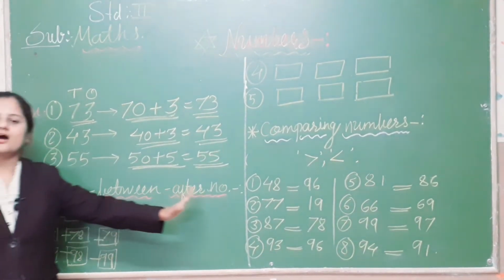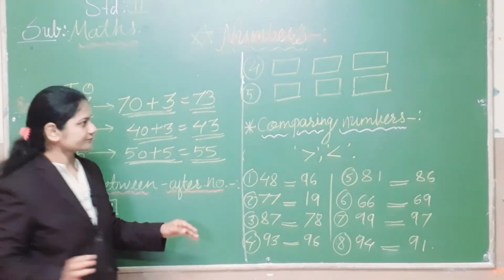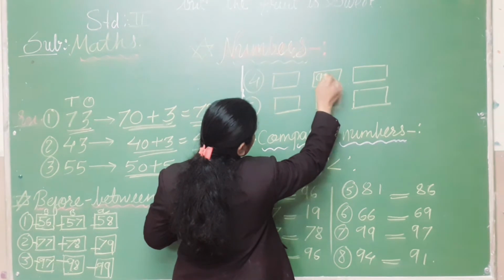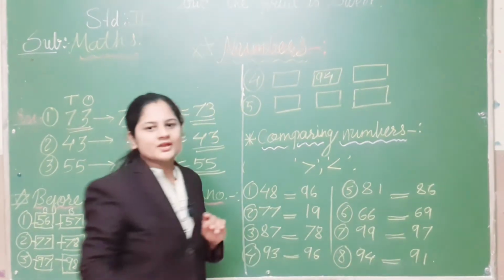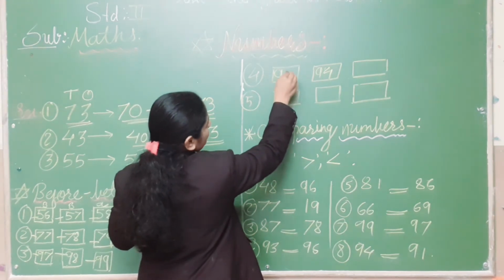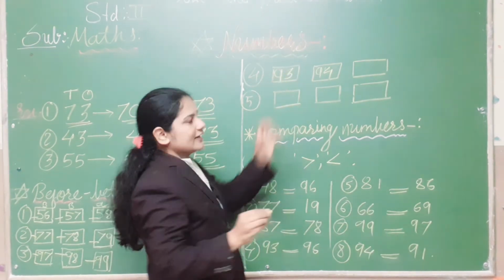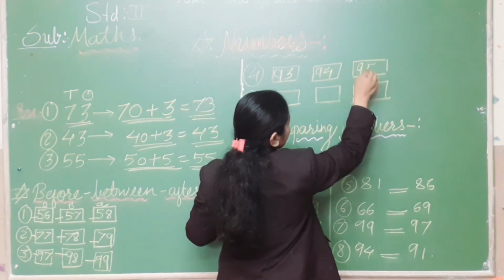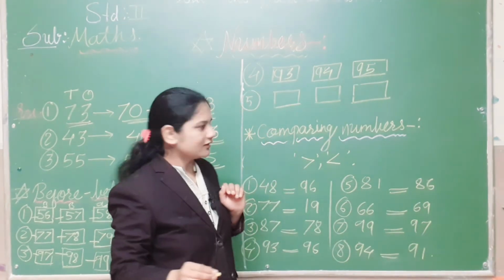Before, between and after numbers. Now take one example, that is 94. Okay, tell me the before number of 94. 93, 94 and 95. Clear?